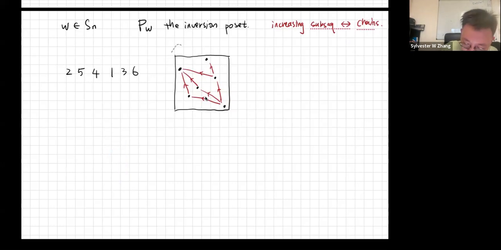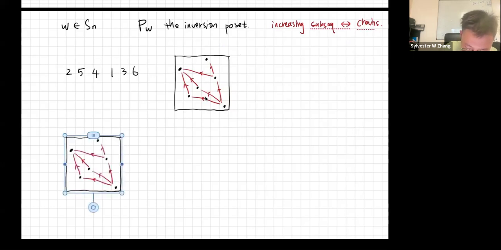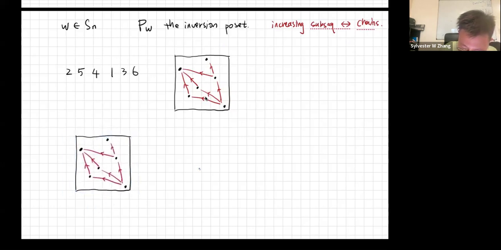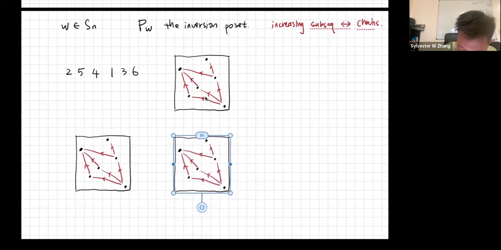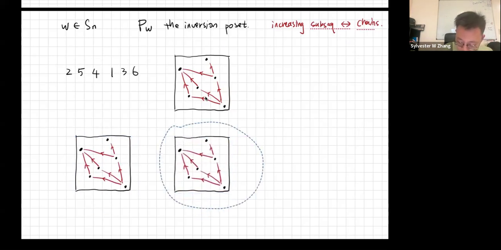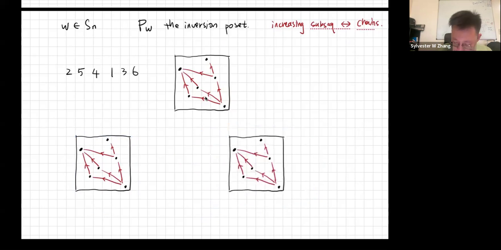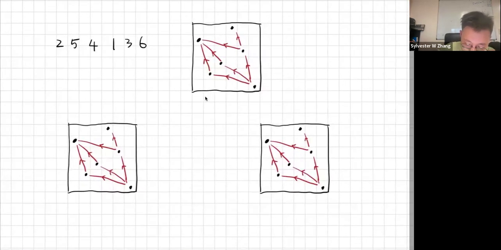And here's what I mean. I'm going to add numbers. So the first one is that I'm going to label every element of the poset based on which row they're in. So this guy is numbered 1, 2, 3, 4, 5, 6.